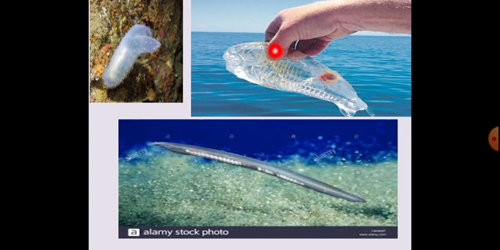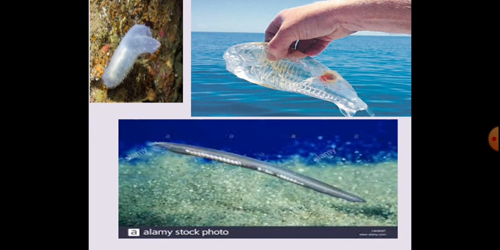In Ascidia, the notochord is present only in the larval stage. After that it is absent. Whereas in Branchiostoma, the notochord runs from head to tail, and is present throughout their life.